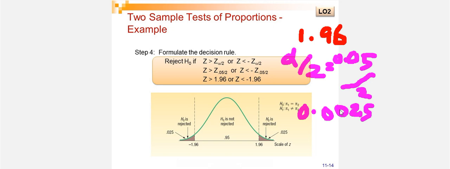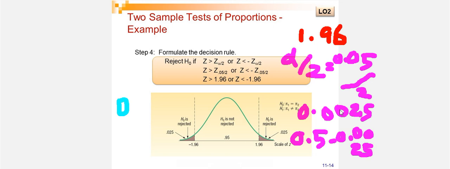Now 0.5, okay, 0.5 minus dengan 0.025. What will you get? 0.4975.